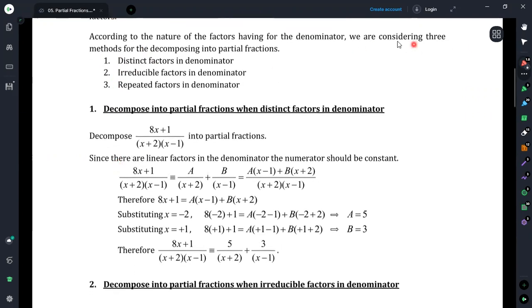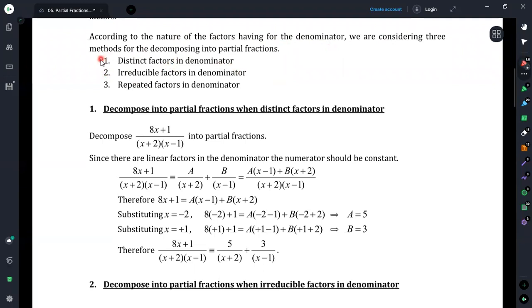Therefore, the three types that we can find in the denominators are distinct factors in the denominator, irreducible factors in the denominator, and repeated factors in the denominator. When I'm discussing the factors in the denominator, according to the nature of the factors that we get for the denominator, I told you that we can use several techniques.